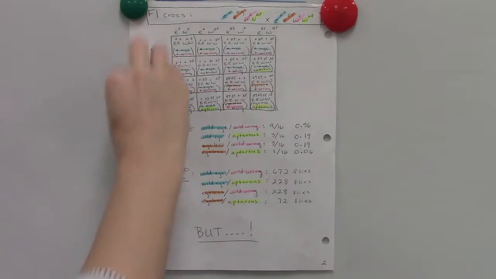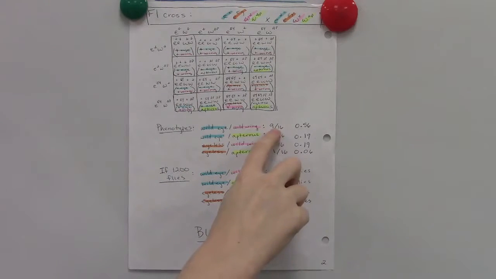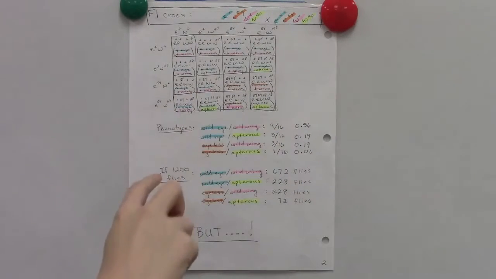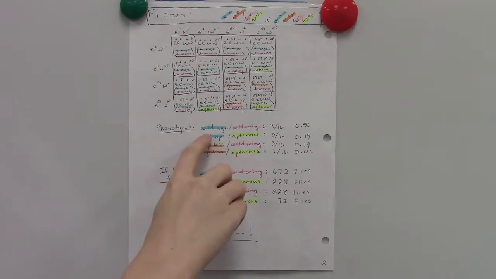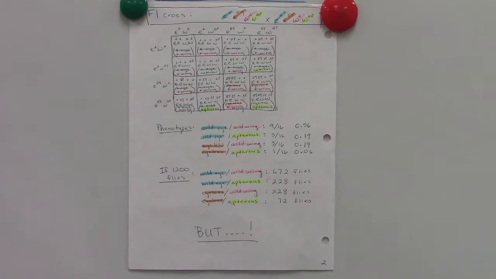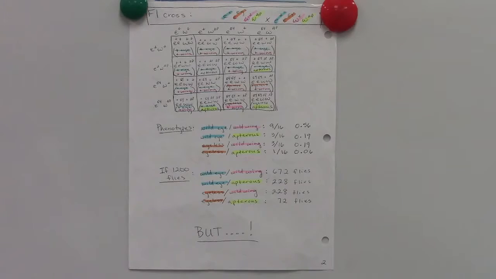So without having to read all of this, we can break it down using the highlighters to see that 9 out of 16 of our individuals are wild-eyed and wild-winged. 3 of them have the dominant wild-eye feature, yet the recessive apterous trait. Conversely, 3 out of 16 do not have eyes, but do have wings. And only 1 out of 16 are recessive for both and have both recessive phenotypes.